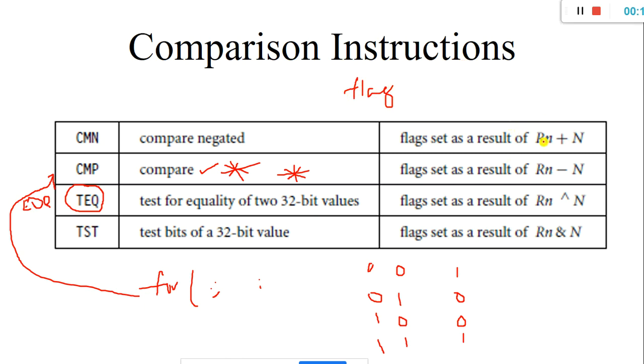We don't perform any operation with respect to a destination register. The comparison is done with respect to two input data, one in a register and the other may be a register or immediate data. So that's why only flags are affected when we use compare instructions.